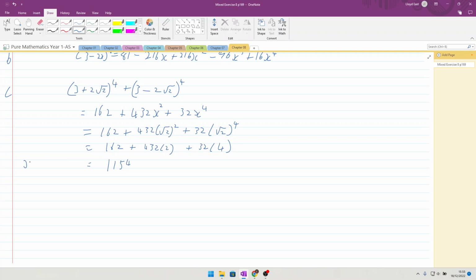And that was when we had x equal to root 2. Alright, question 9 next.